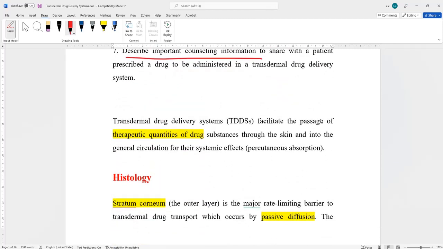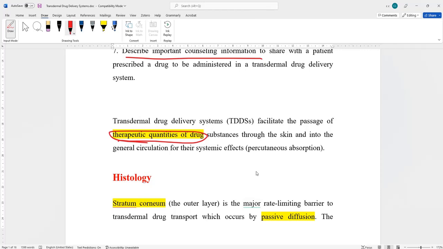Okay, starting with the definition. What are these systems? These systems facilitate the passage, and this is very important, of therapeutic quantities of drug. Not subtherapeutic, not less than therapeutic, not more than therapeutic that may cause toxicity.